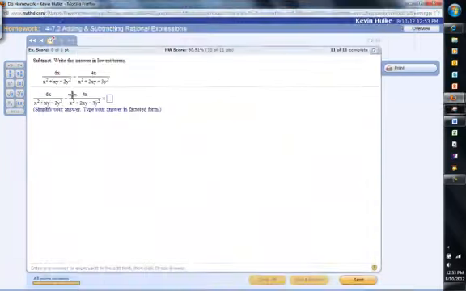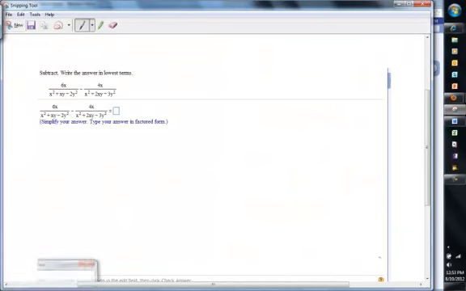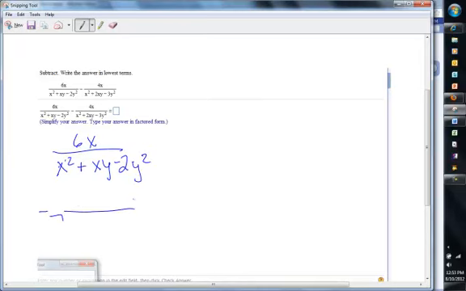Okay, let's do this problem. Work it vertically. 6x over x squared plus xy minus 2y squared minus 4x over x squared plus 2xy minus 3y squared.